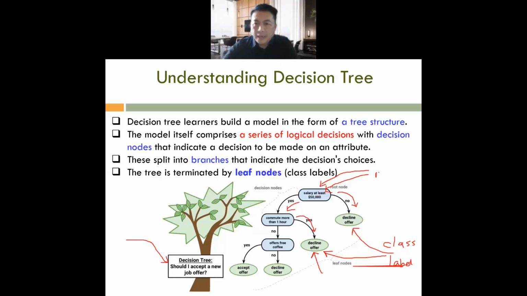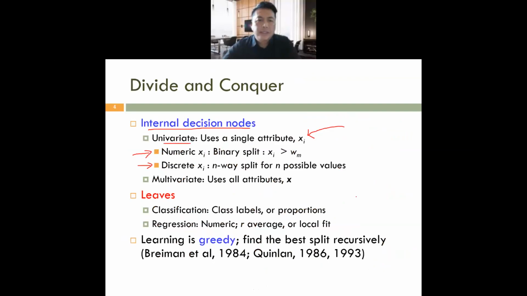If we have n unique values, then we will have n branches, 1, 2, up to n. Okay, so that is for the discrete. Okay, so when we have more than one variable, we call it multivariate. So we will use more than one attribute.